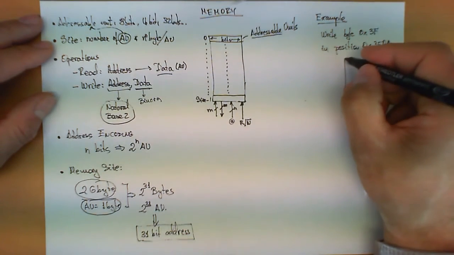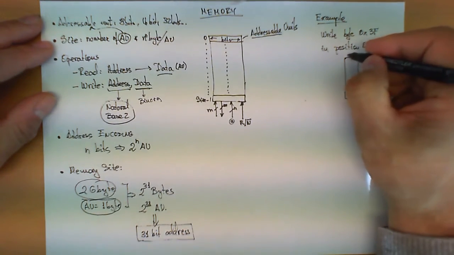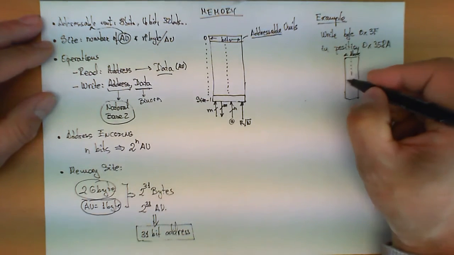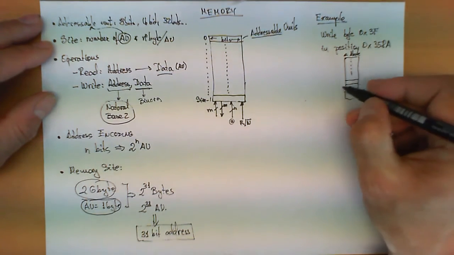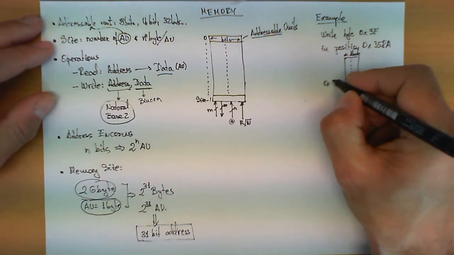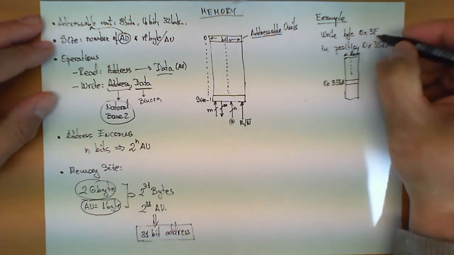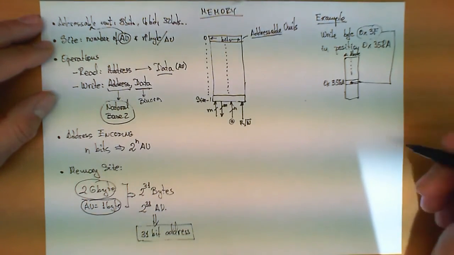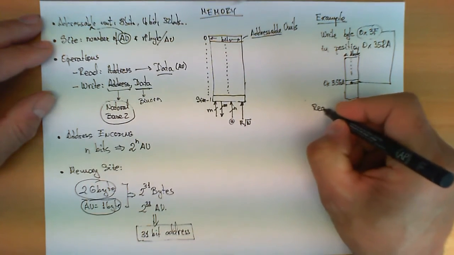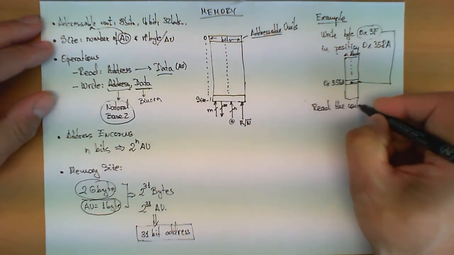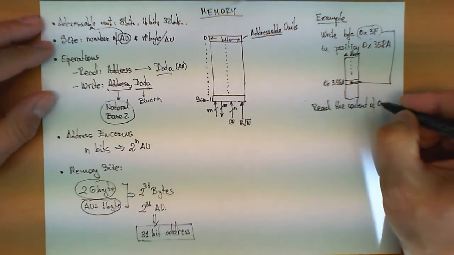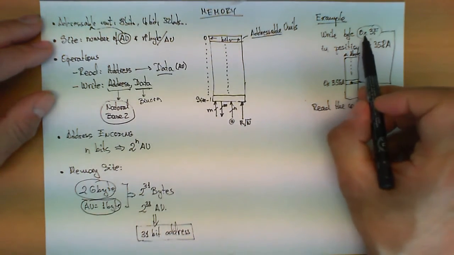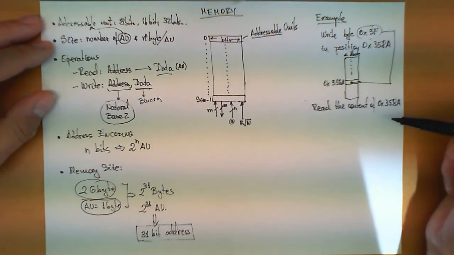So what happens here, if I have a memory, let's assume that the addressable unit is 1 byte, then at some point we have this addressable unit, which is the one that has the address 358A, and this value over here is then written or stored inside this cell. Analogously, if we perform the read operation, read the content of 0x358A, what this circuit will return is the value 0x3F, the value of this byte, which was previously written.